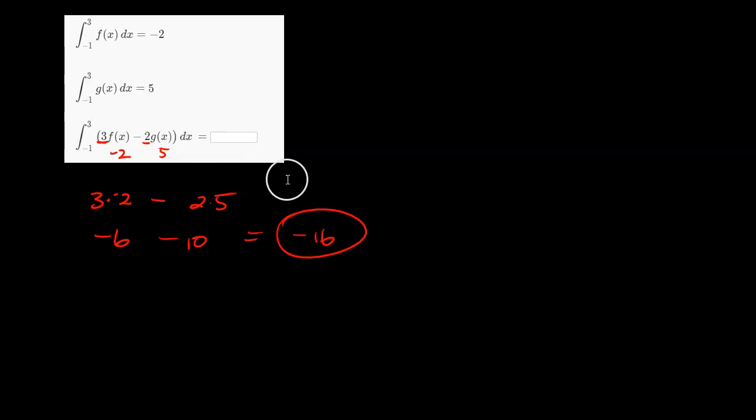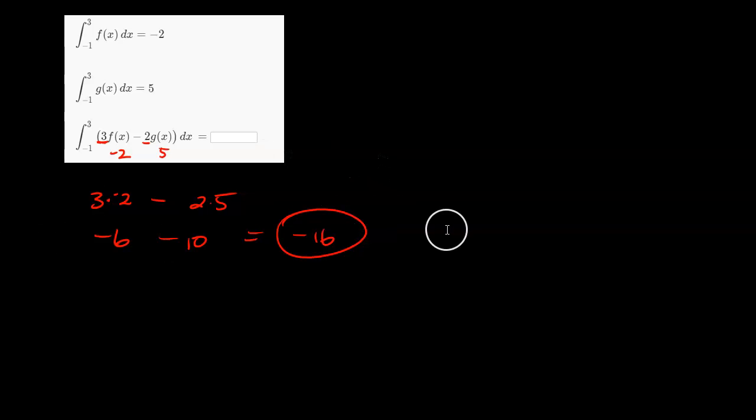Perfect. So 3 times -2, and then subtract 2 times 5. Perfect. So -6 minus 10, -16. Very good. I thought I would just give you this question without saying anything about it. What you guys are going to find is pretty soon you'll be able to do a lot of these directly in your head.